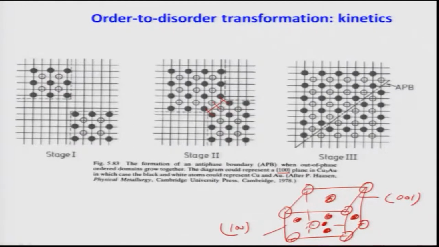You can clearly see that the corner atoms are occupied by either gold or copper. Please forgive me, here this is copper and this is gold, because these are taken from two different books, that is why the symbols are different. As you clearly see here, when they meet, there is opposite type of bond formation.